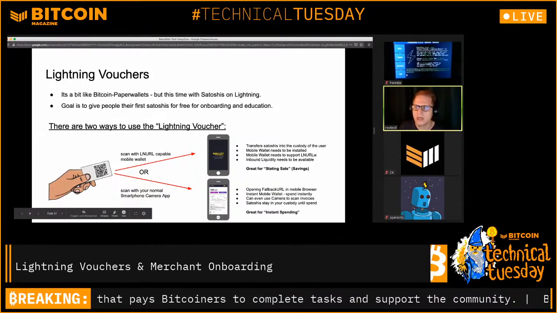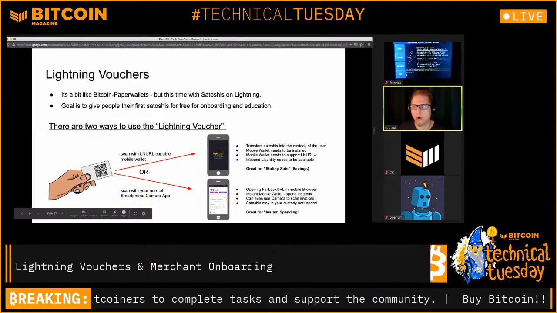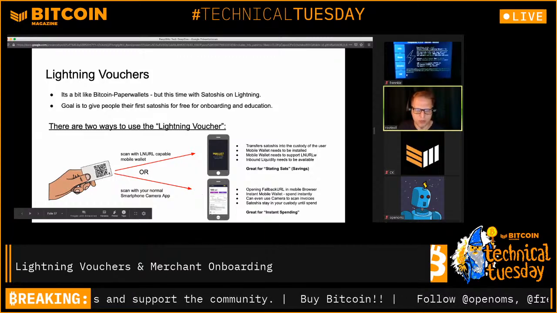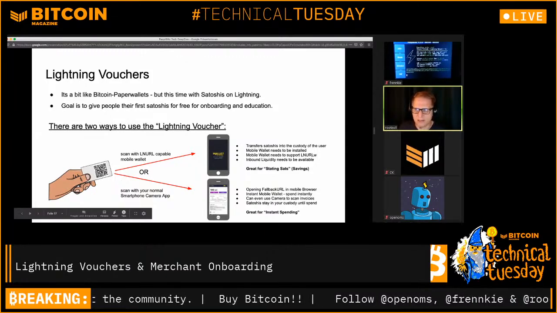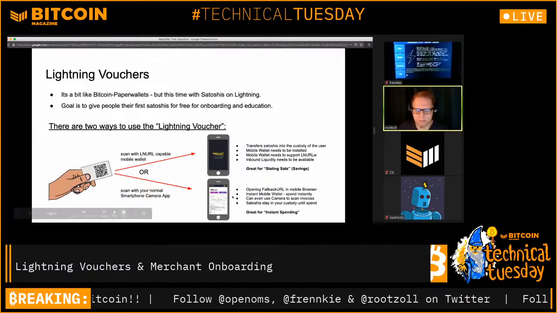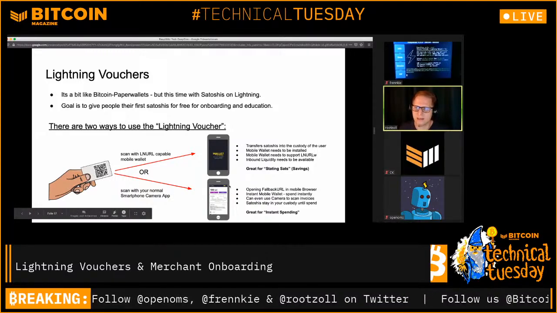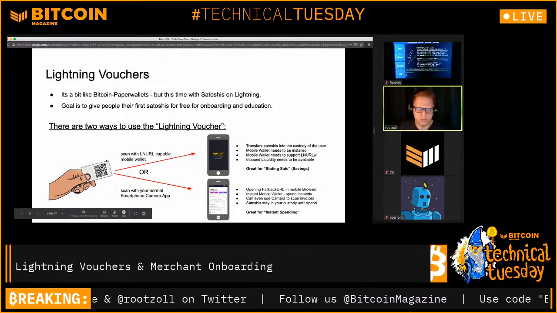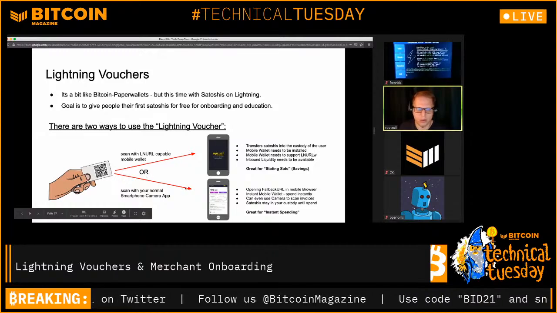It will offer me to open this in my local browser, and it will open this HTTPS URL, which is served from my Raspiblitz, from my LNbits, and it will give me an instant account. It will create a kind of browser wallet for the allowance I got on this voucher.